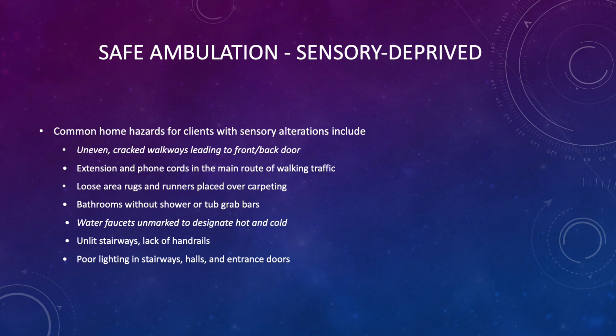For example, if you're clumsy like me, you trip over everything because you're so far into the planet Pluto with your random thoughts that you forget that you actually live and breathe on Earth. So I am notorious for tripping over any uneven walkway. This is a common home hazard for people with sensory alterations due to any type of sensory deprivation, or the opposite extreme, which would be sensory overload.